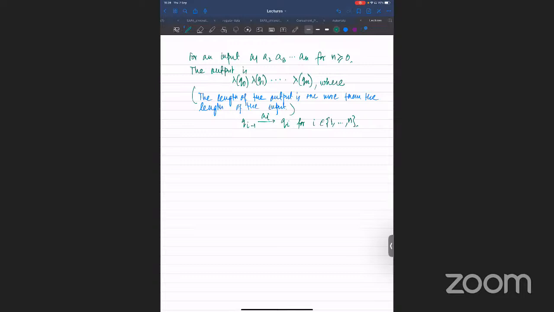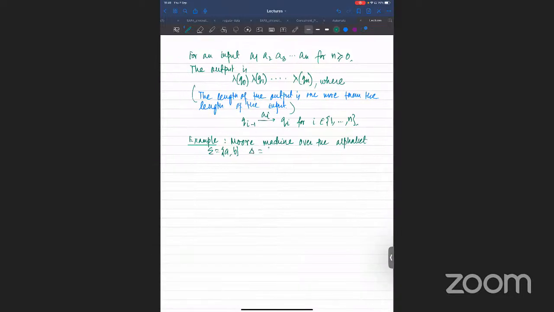Now let's consider an example. Suppose I talk about this example, which is like a Moore machine over the alphabet sigma equal to {a, b}.